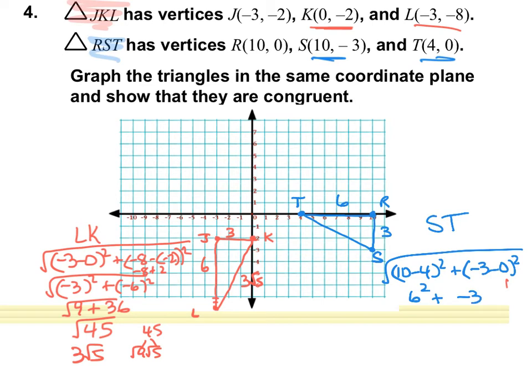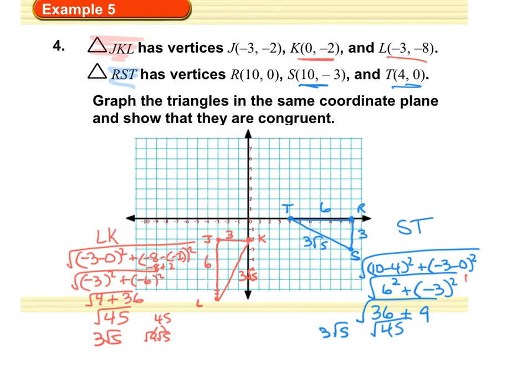Negative 3 minus 0 is negative 3. Square, add. I still get 45. So this again simplifies to 3 square root 5. So because all 3 sides are congruent, then I could say, yes, they are congruent triangles.